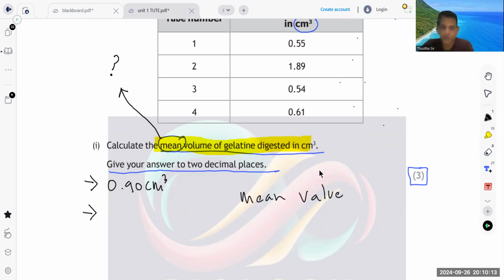So mean value is the value which is going to represent the group.